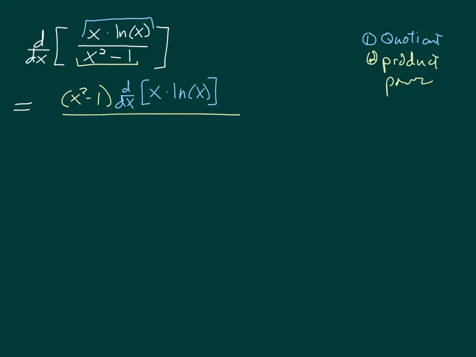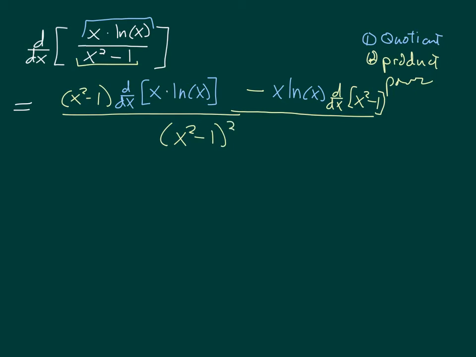So you can already see here we're going to have to apply the product rule when we try to simplify that particular term. Right? Now from this, we subtract our upper function, our high function, x times ln of x, times the derivative of the lower function. Right? On the bottom, we use our low function squared. Okay?